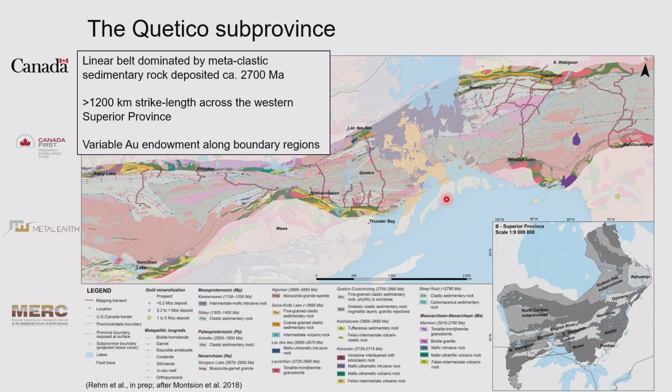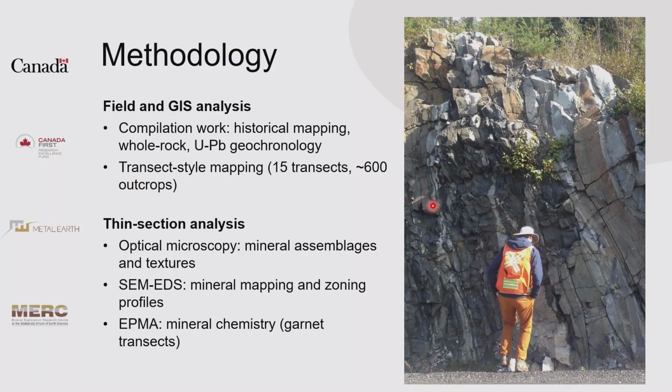Okay, so for the methods, the first part is the field work and the GIS compilation that I was talking about. I compiled lots of historical maps for the Quetico, all the whole rock geochemical data that's available, mostly from the OGS, and of course the uranium-lead geochronology from the OGS and other studies.